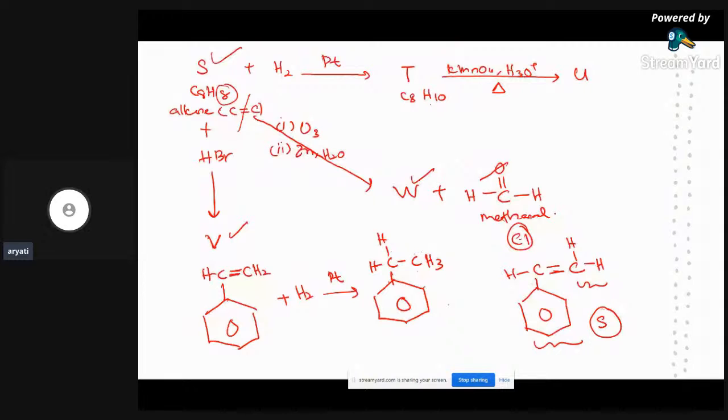Okay, structure bagi U. Compound U is formed when T is heated with alkaline potassium permanganate followed by hydrolysis, heat.